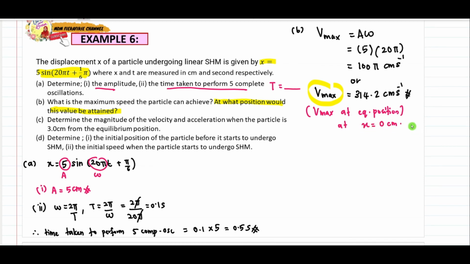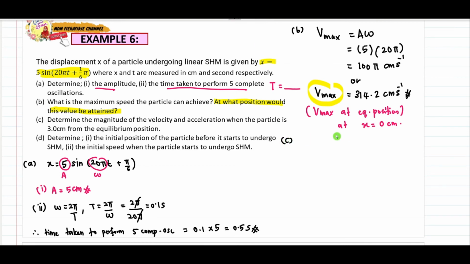At X equal to positive or negative A, which is at maximum displacement, the amplitude A, V is equal to 0. V is not maximum at positive A or negative A. Okay? Alright. So now question C.